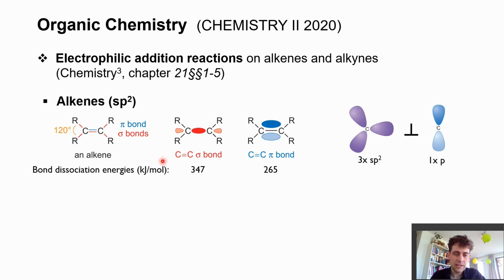What is a little bit misleading is when you draw the Lewis structure of an alkene, you just draw two lines between the carbon atoms, and this can give you the feeling that the two bonds are equal, but actually they are not. They have different bond energies and also different reactivities.